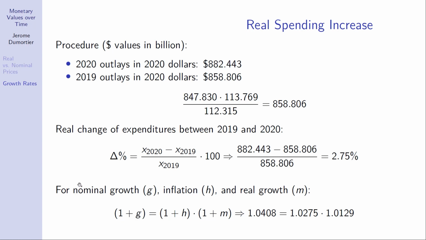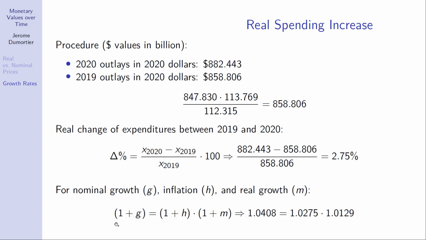Note that there is a relationship between the nominal growth, the inflation, and the real growth, which is summarized in this equation: the real growth times the inflation equals the nominal growth.